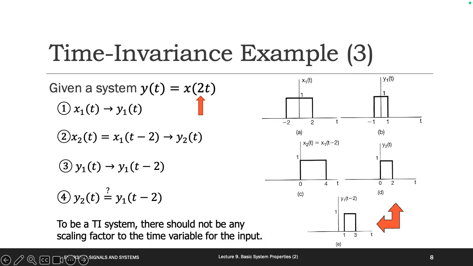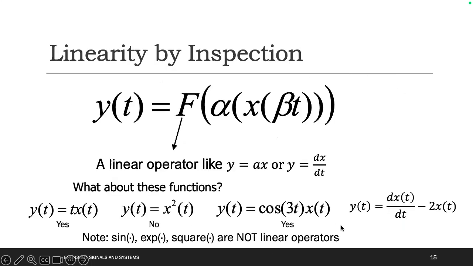And the last one is linearity. Let's talk about this first. For linearity there are some rules: if the operator is a linear operator. It's not like the power or the square. Sine, exponential, square or power is not linear.